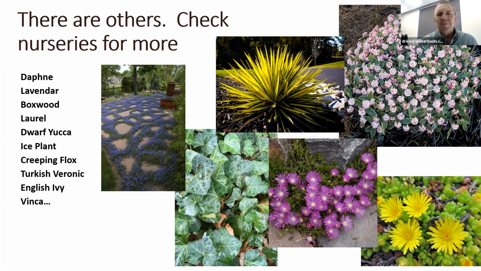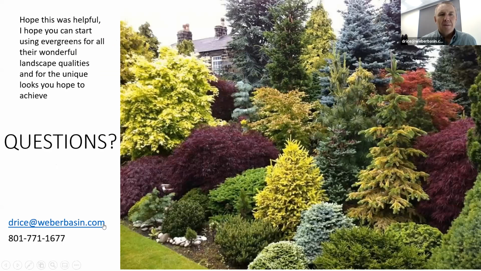So hopefully this class has been useful. Hopefully you've learned something. I think Janice and Robin have answered questions along the way. But this is the last slide I'll show. I should have probably put more landscapes like this in there to show the texture and the color and interest, and almost everything in here is evergreen.